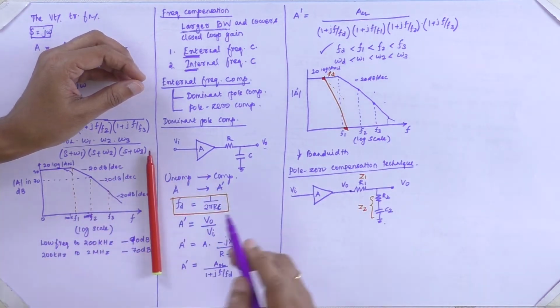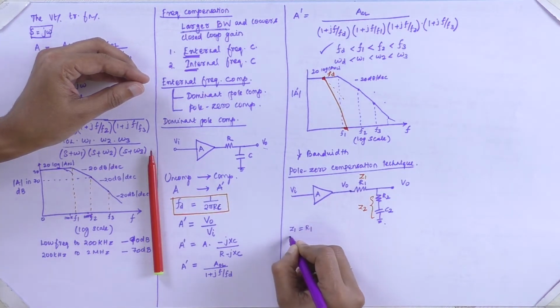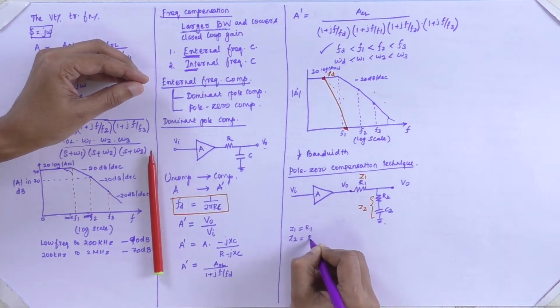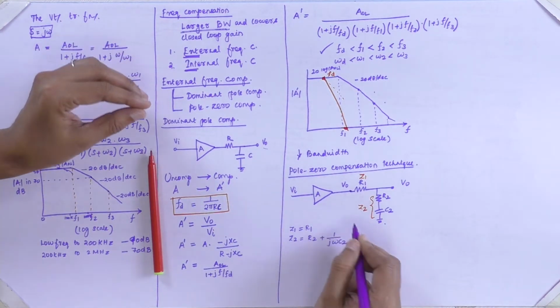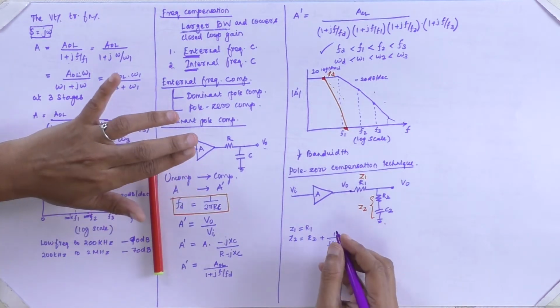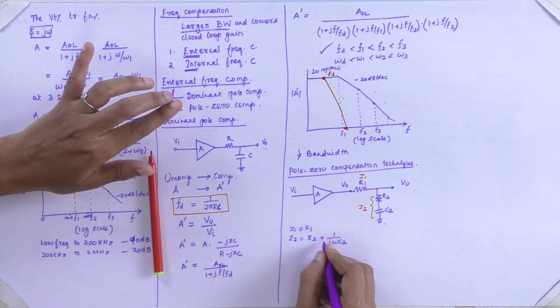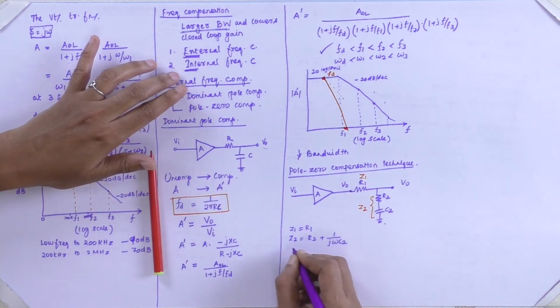Assuming my Z1 value as R1 and Z2 value as R2 plus 1 by j omega C2. So it is represented with the capacitive reactance factor. Here instead I can write JXC for C2.